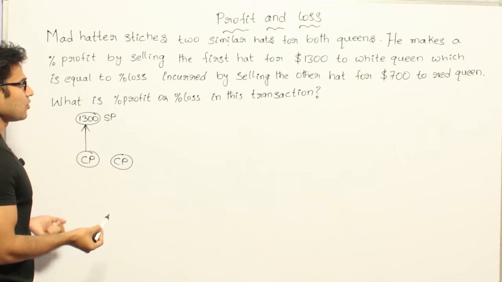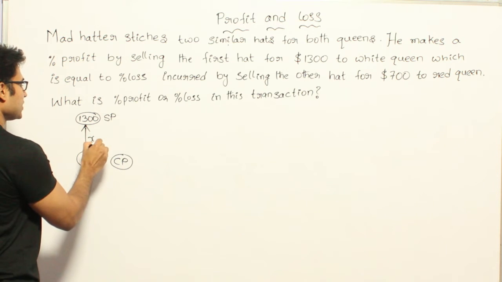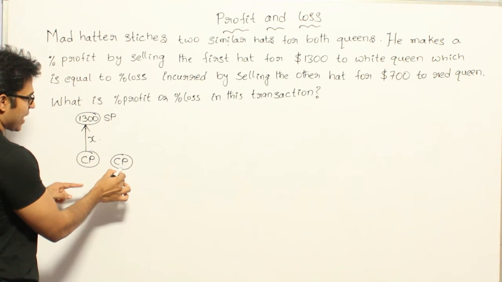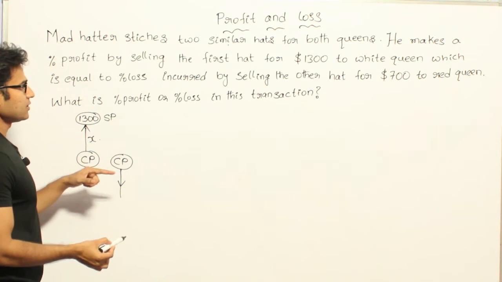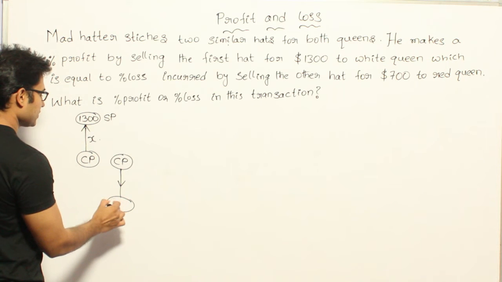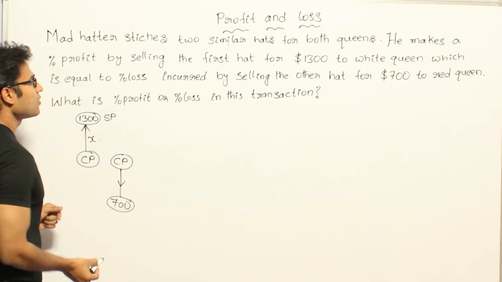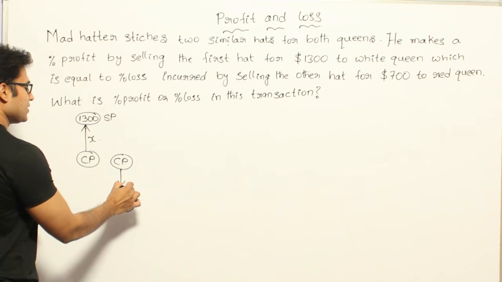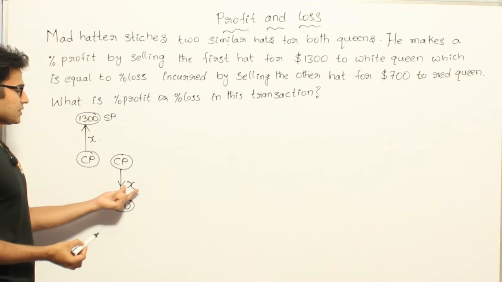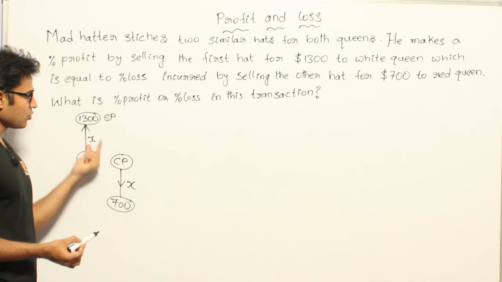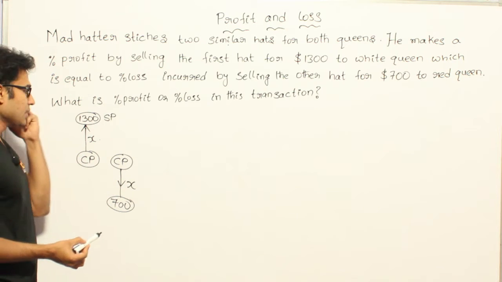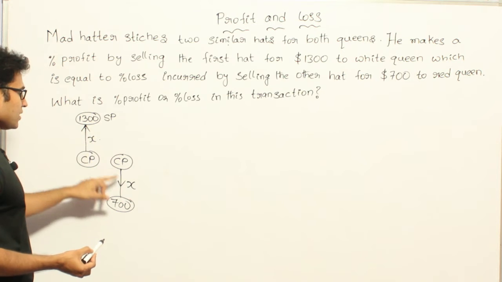We don't know how much, so let's assume the profit percent is X. The other hat, at the same cost price, he is selling to the other queen for $700. And they are saying that the loss percent is the same as the profit percent. Now they are asking us the value of X.